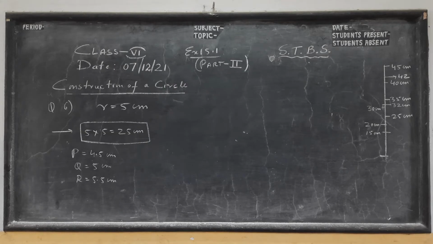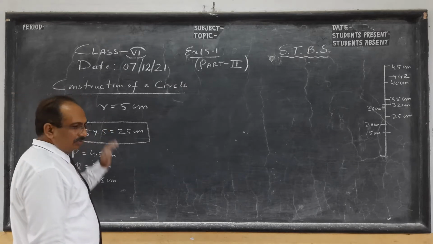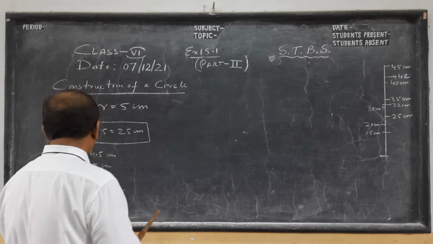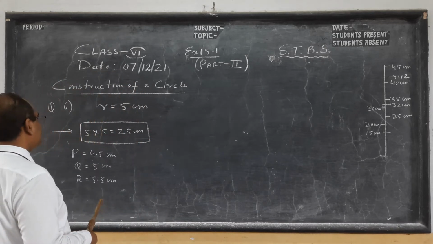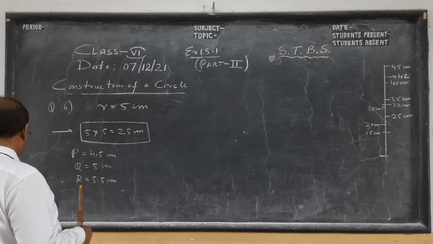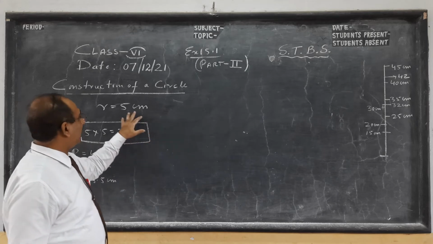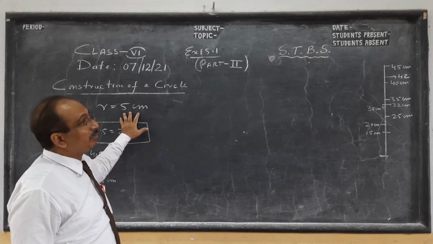So next we move on to question number 6. Here we have to draw a circle with radius 5 centimeters. Here, children, 5 centimeter will be too small, and 50, I told you 10 times more, will be too big.